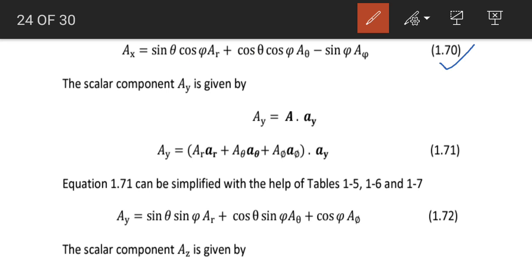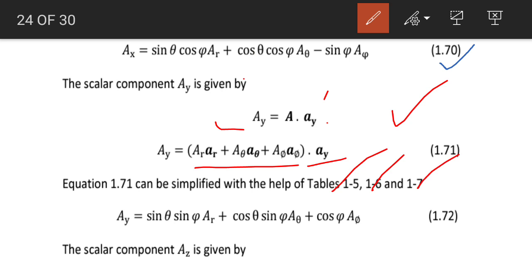The x component of this vector is calculated with the help of equation number 70. We calculate the y component of this vector with the help of this particular equation. We know that A dot ay gives you the y component. So we put the value of A on the right hand side, and we consider the scalar product of A and the unit vector ay, and we simplify this scalar product with the help of tables number 1.5, 1.6 and 1.7.